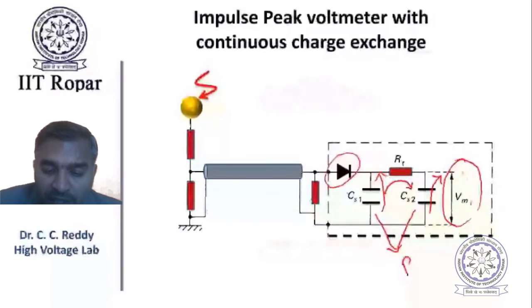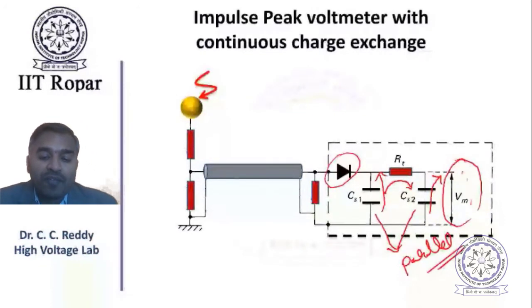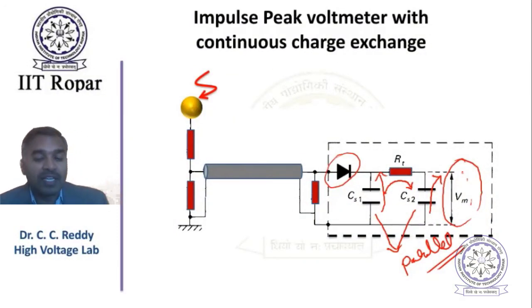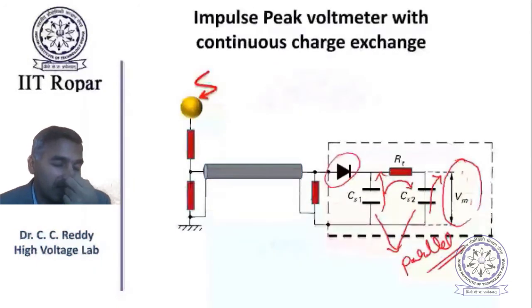See, one important thing we have to observe here: when CS1 is charging CS2, is it series or parallel? It is series. Then the time constant will be more or less?